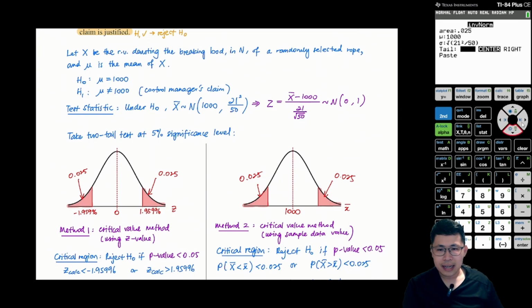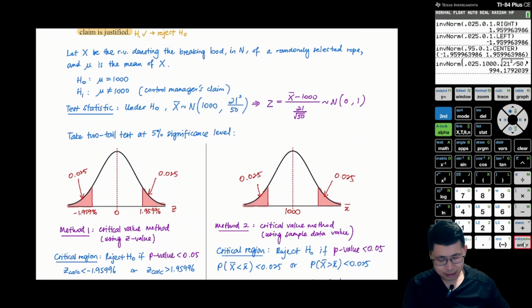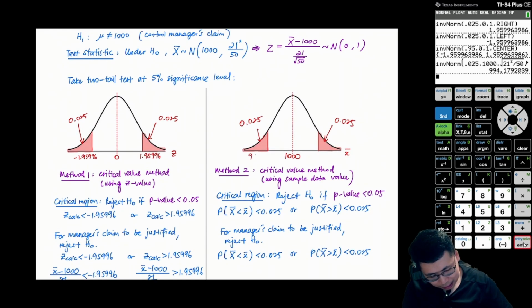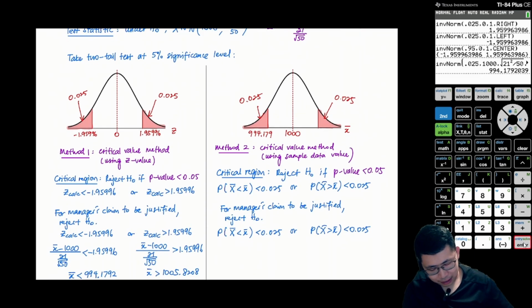Looking at the value on the left, this will give me 994.179.